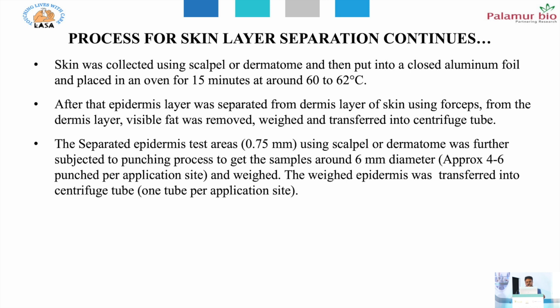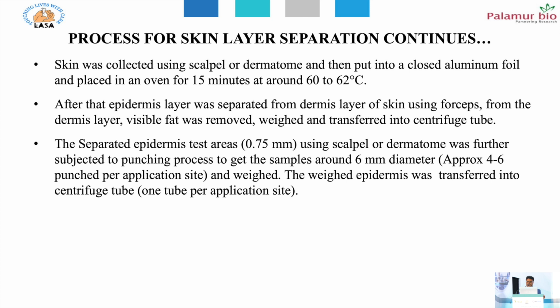Now, the skin is collected using a scalpel or dermatome, put in aluminum foil, and subjected to a hot air oven for 15 minutes at 60 degrees Celsius. After the epidermal layer is separated from the dermis layer, fat will be removed, obviously. It will be transferred and weighed.